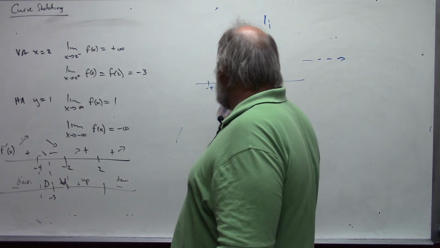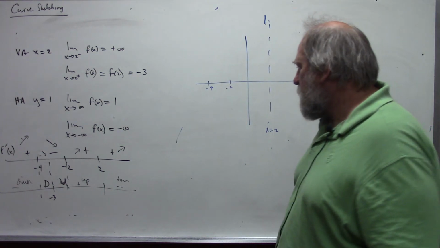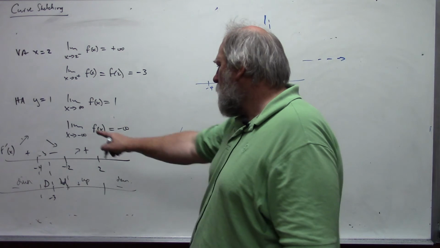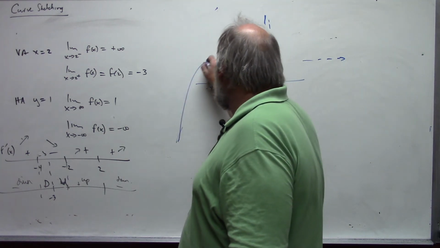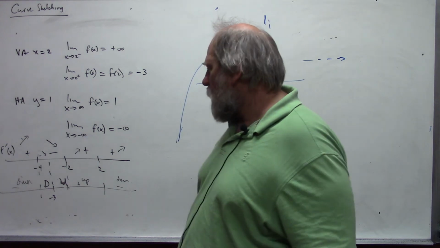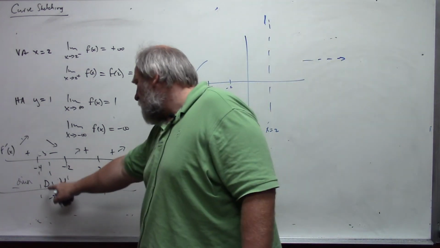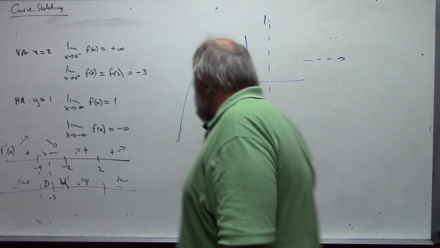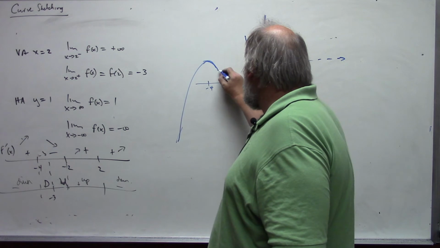Here's 2, negative 2. So it goes increasing and down, something like this, to negative 4. It's decreasing and still down until I get to negative 3.